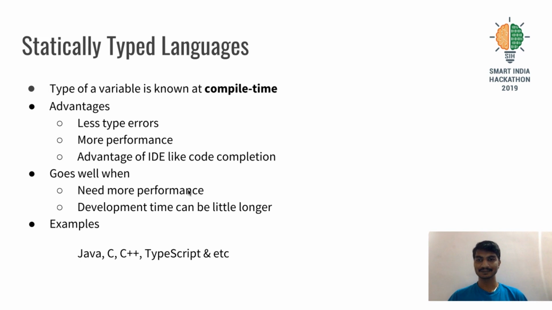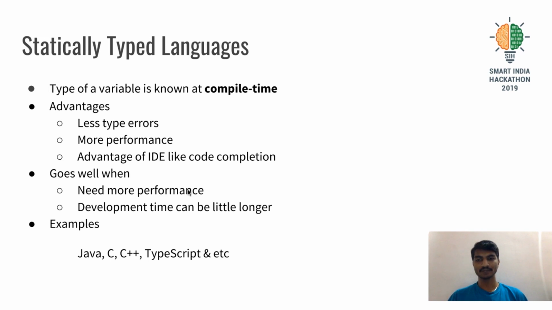And as the compiler itself knows what kind of data you're going to hold in a variable, it gives you more refined output, which gives you more performance. Those are a few advantages of statically typed languages.